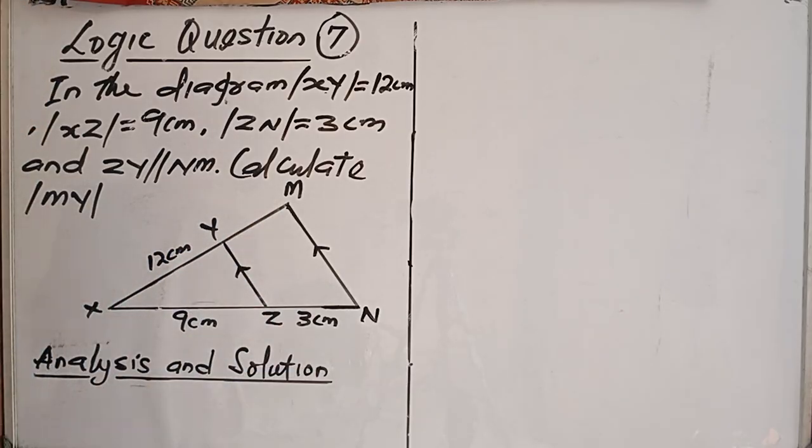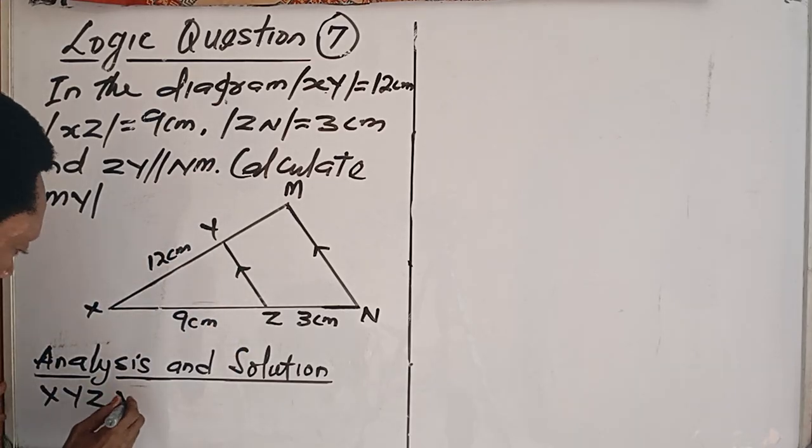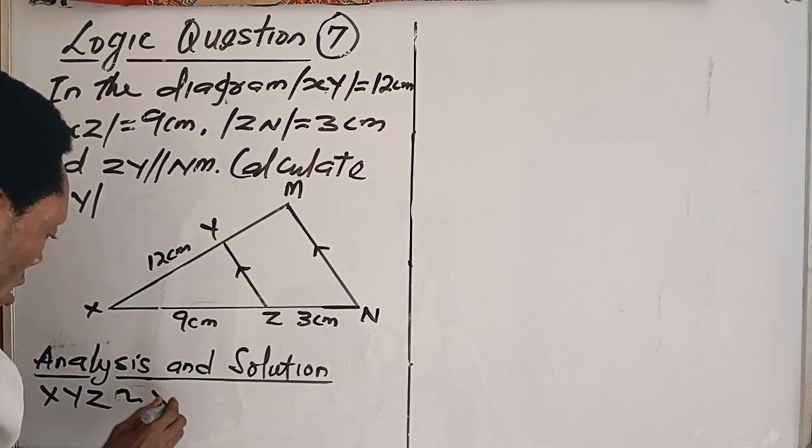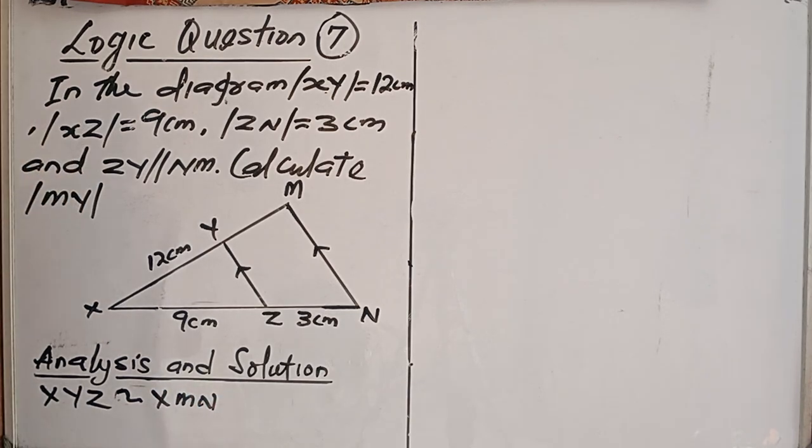So we can write it in this form: XYZ is similar to XMN.